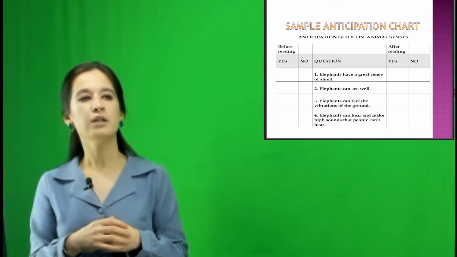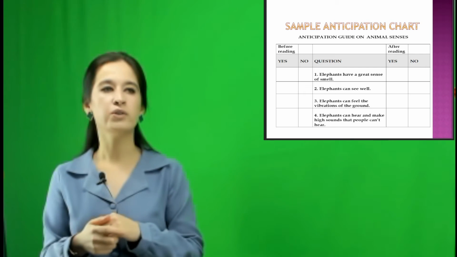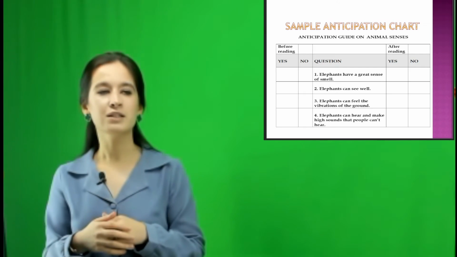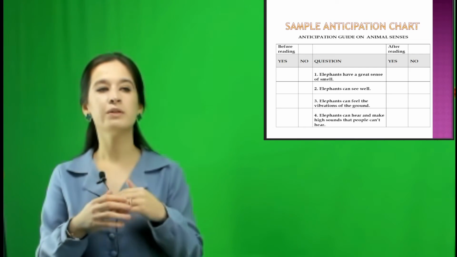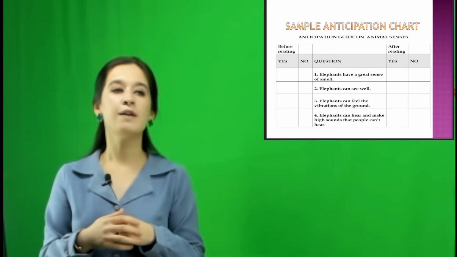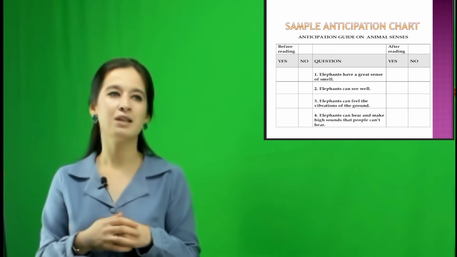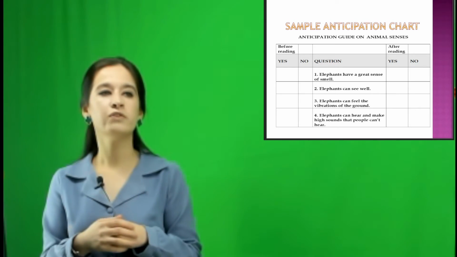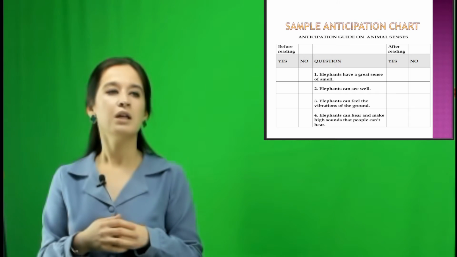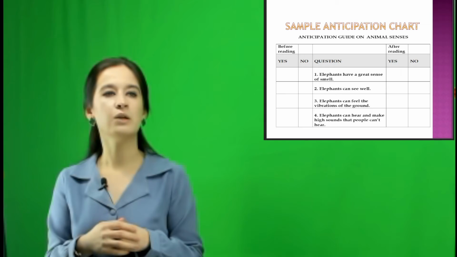So this chart will be provided before and after reading the text. Before, students will read the questions, and they will tick if they are familiar. If they are familiar with the information, they will tick the yes column. If they are not familiar with the information, they will tick the no column.